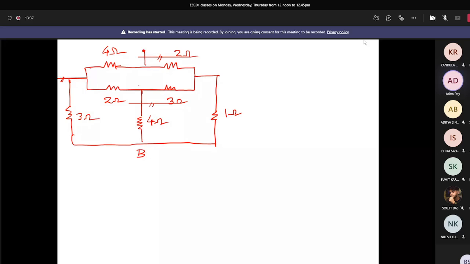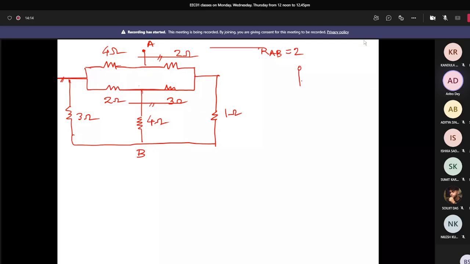So this is terminal A, and you have to find out what is RAB here. What is RAB, that you have to find out. So what is the way out? If we have to find the resistance between A and B, the equivalent resistance. See, here there is one delta, isn't it? This one is a delta. It's not drawn like a delta, but you can always have it like a delta.